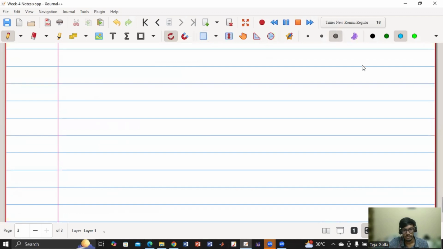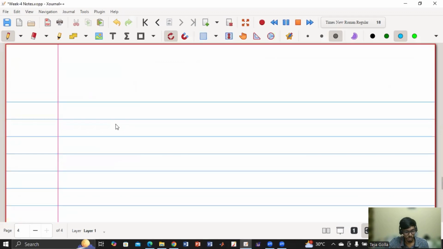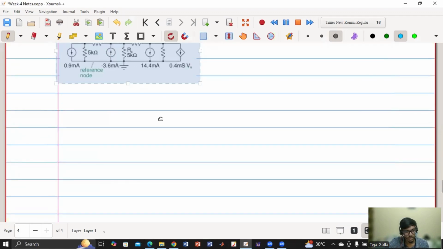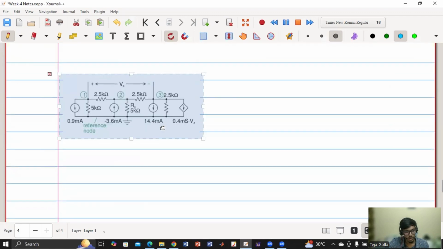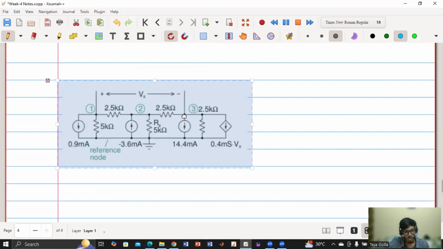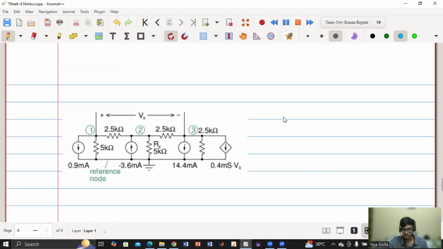Anyone? So there is a dependent source. Can you identify which dependent source this is? Current controlled current source, sir.